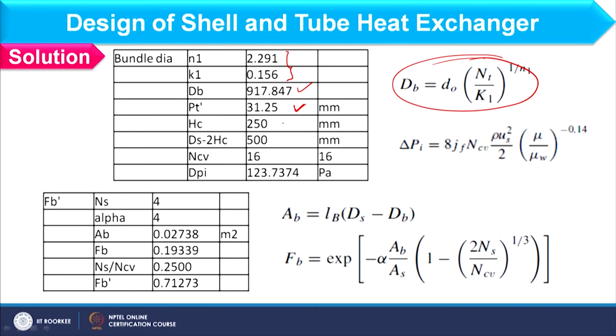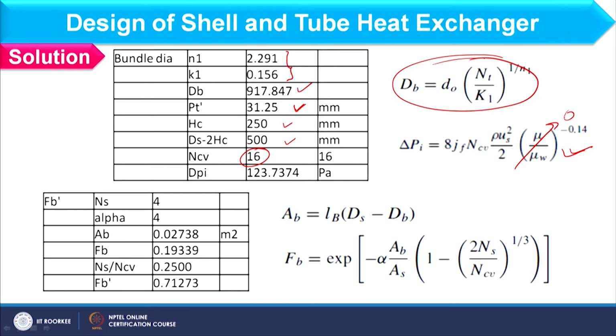So, HC value you can consider as 250, ds minus 2 HC you can find as 500, and NCV value based on all these you can find as 16, which is basically the total number. So, you do not have to do anything, you should consider NCV 16 directly. Okay.